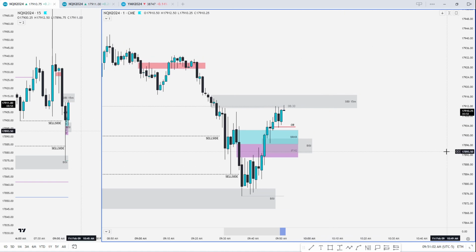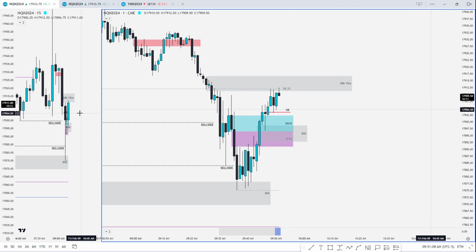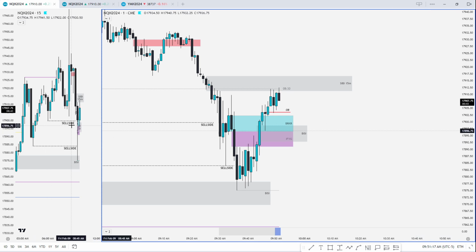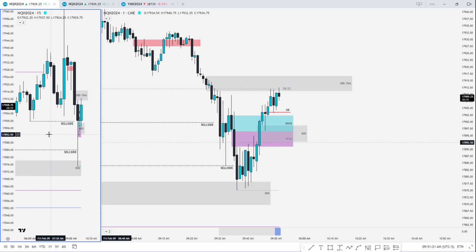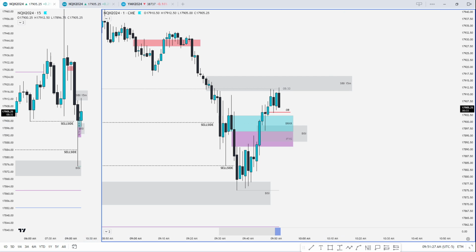Let's see. There's your above 8:30 price into the 15-minute gap. That is such a bullish closure on the 15 though. Closing below both the sell sides like that. Let's see. So we're in macro time right now.